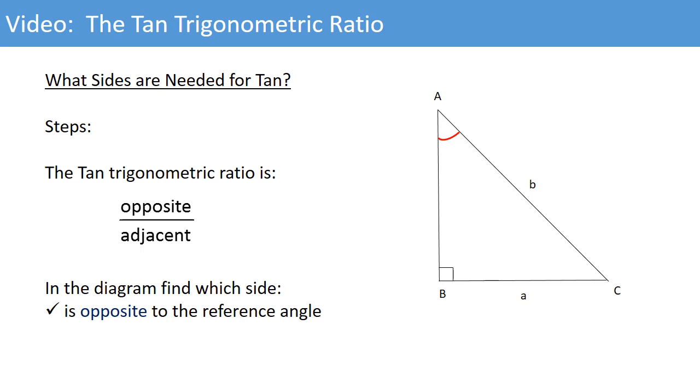We will label that little a, and adjacent is the side between the reference angle and the right angle. So it's beside the reference angle. This is shown in our diagram as side c.